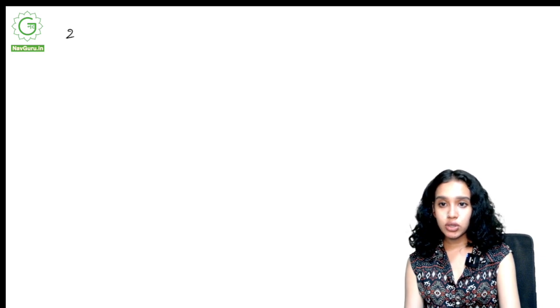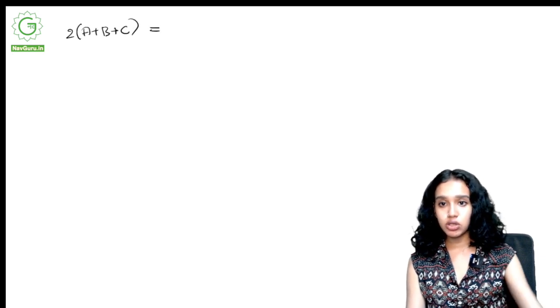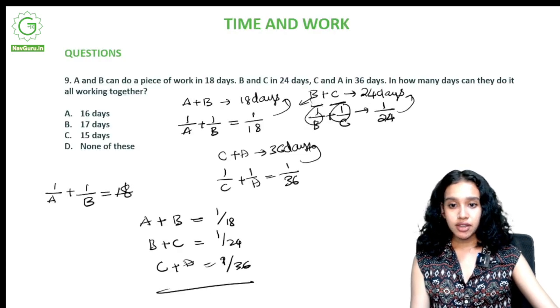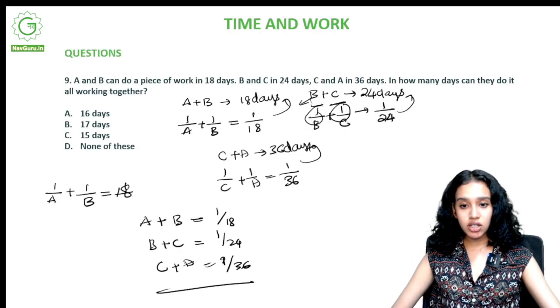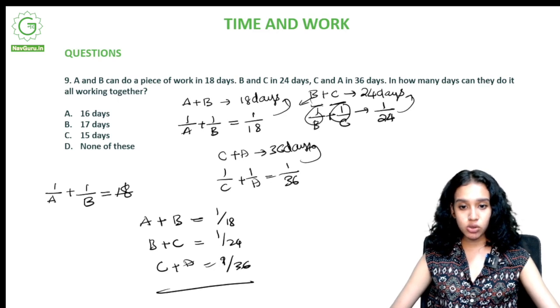So let's add all these equations and we'll get 2 times A plus B plus C is equal to, how did we get here? We are adding all these, so we get A plus A is 2A, B plus B is 2B, C plus C is 2C.